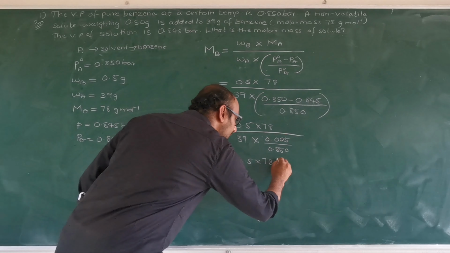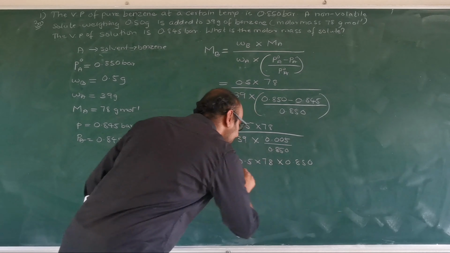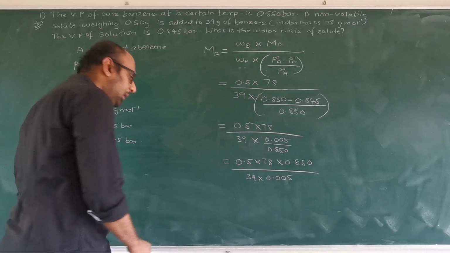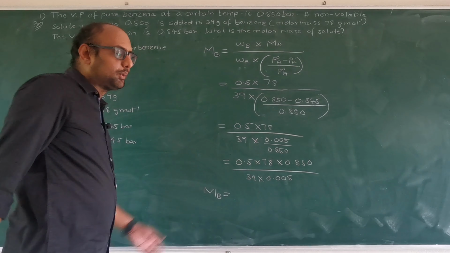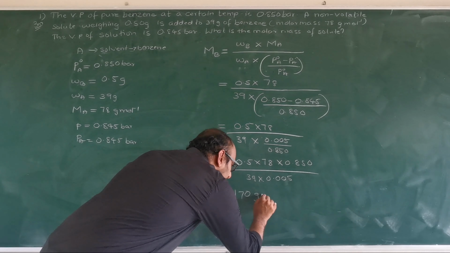When this goes to the numerator, it becomes 0.850, divided by 39 into 0.005. Now, when you calculate all this, you can do this at home, you will get 170 gram per mole. This is the molar mass of the solute.